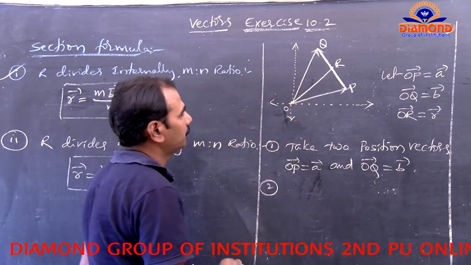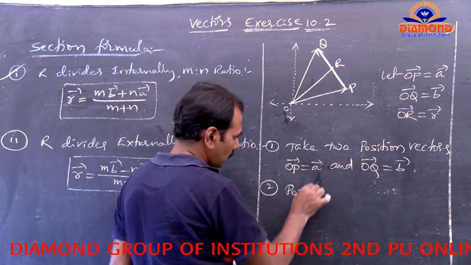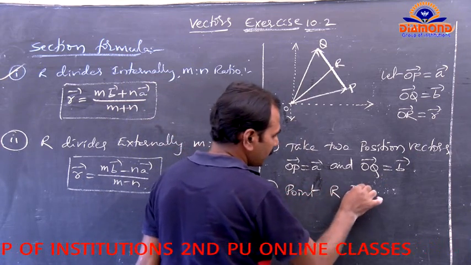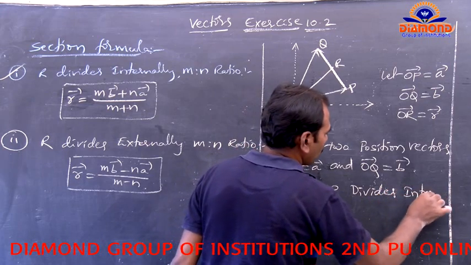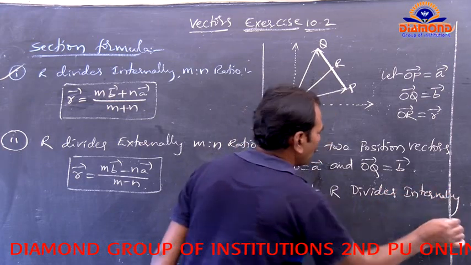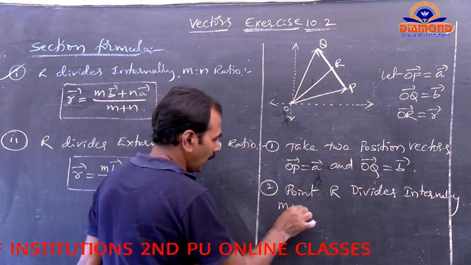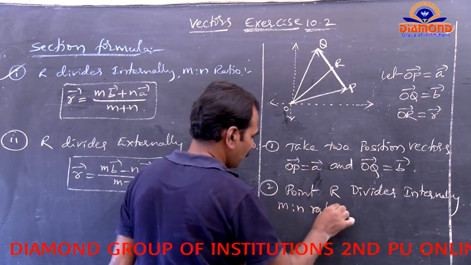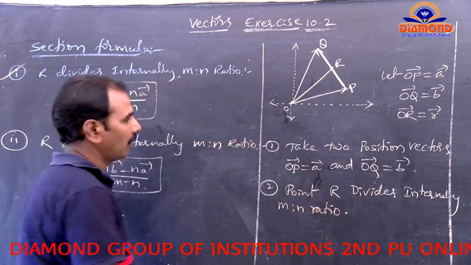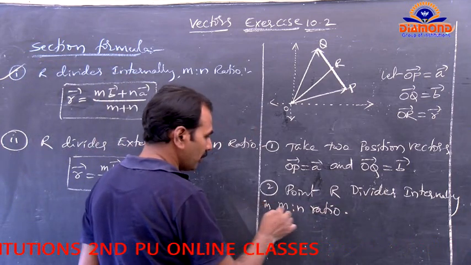The second condition: point R divides internally in the ratio M is to N. Point R divides internally in M is to N ratio.